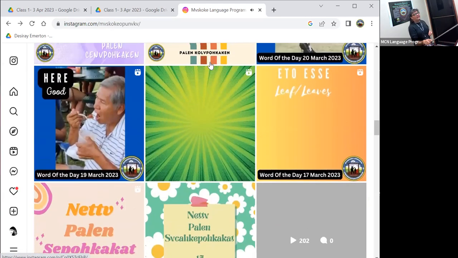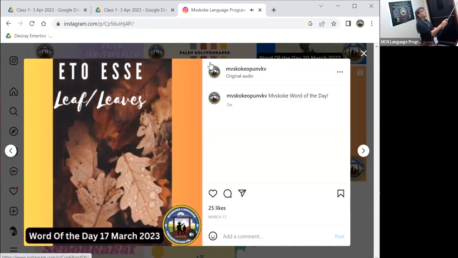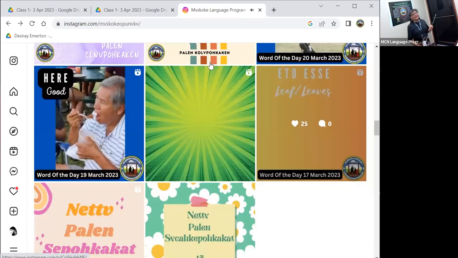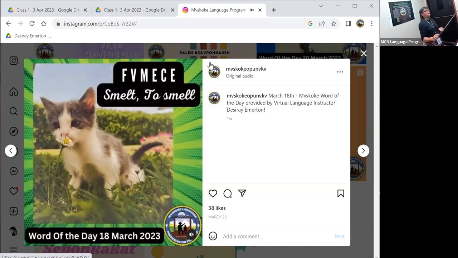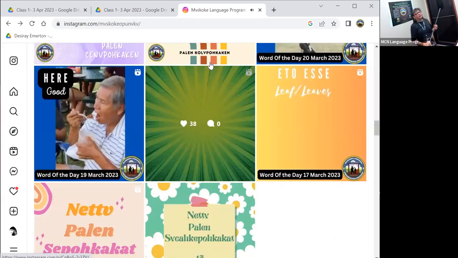So what I'm getting to is these words of the day. You hear that's Mvhayv Barnett. The words of the day for March lead up to a story. They lead up to a story.